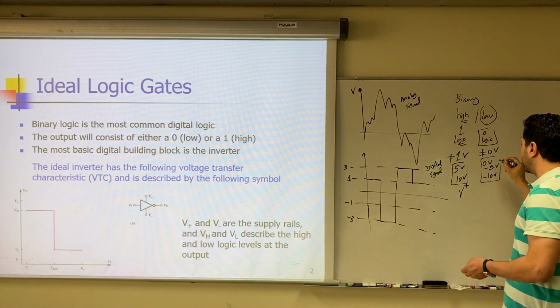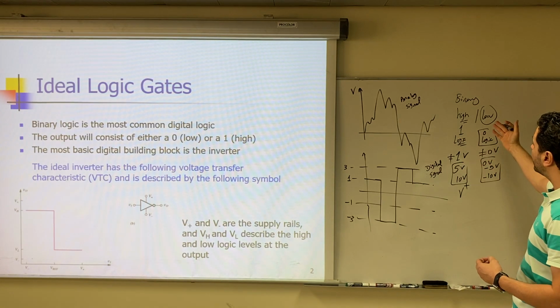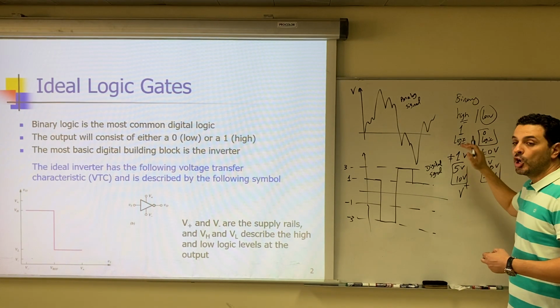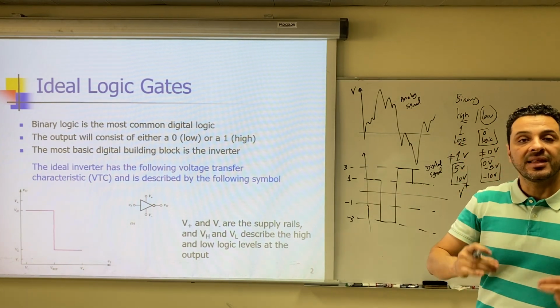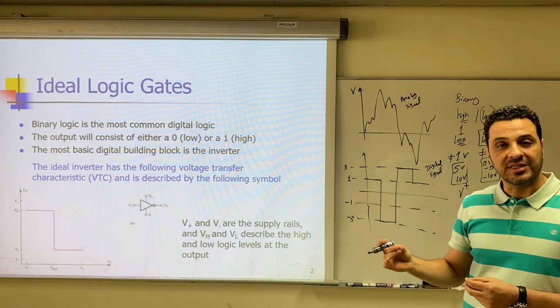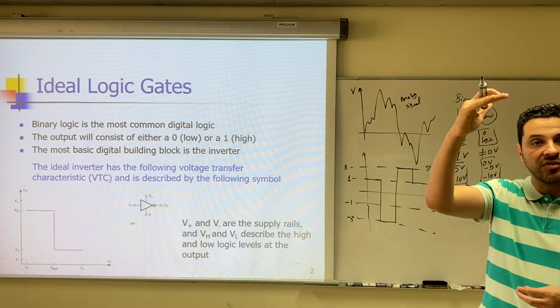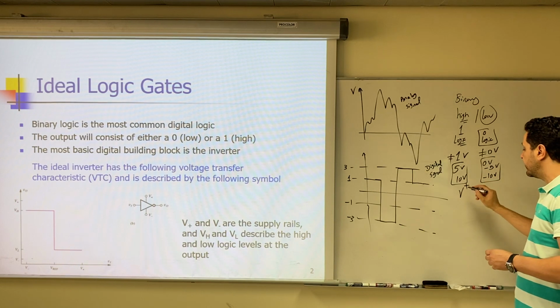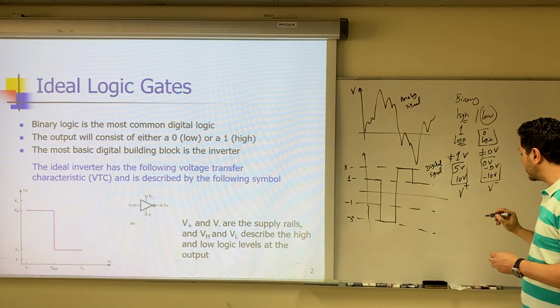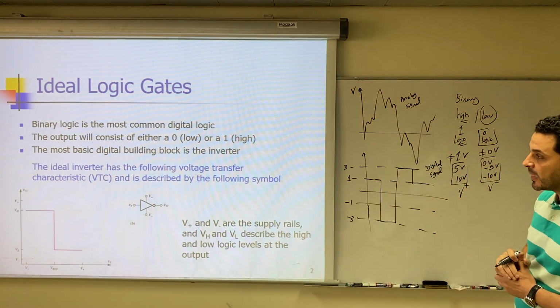So it can be anything. So when you hear the word logic 0 or logic 1, this doesn't mean that the voltage is 1 or the voltage is 0. It means that you have a high voltage level and a low voltage level, and these levels can be anything. Let's call them in general V plus and V minus.